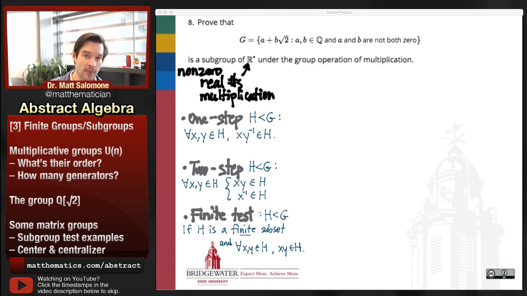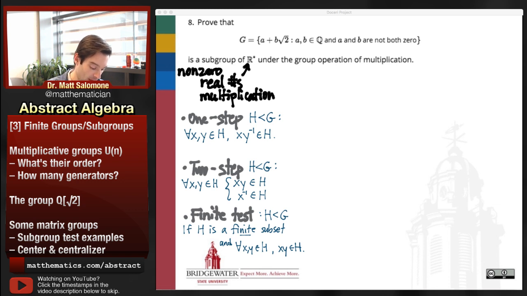I tend to gravitate towards the one-step test, except in the case where I know I'm working with a finite subset. If I know I'm working with a finite subset, I tend to gravitate toward the finiteness test. The two-step test, again, I feel is not that different from verifying the properties manually, going to the original definition. So those are our three subgroup tests.